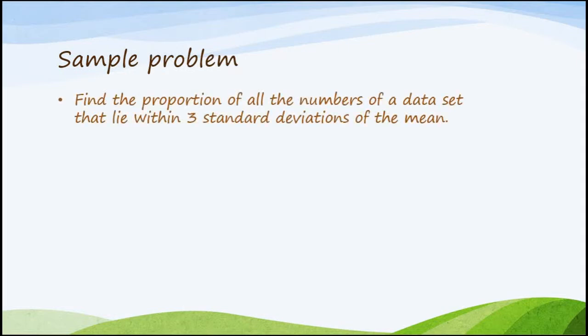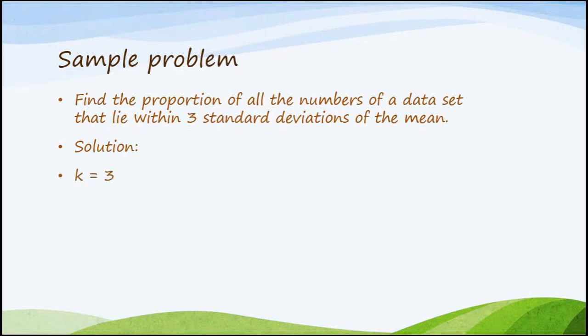We are now going to have a sample problem. Find the proportion of all the numbers of a data set that lie within 3 standard deviations of the mean. Our solution: k is equal to 3.